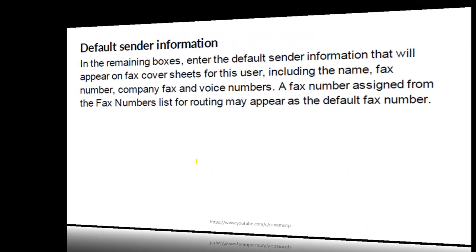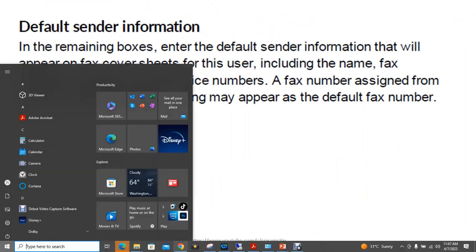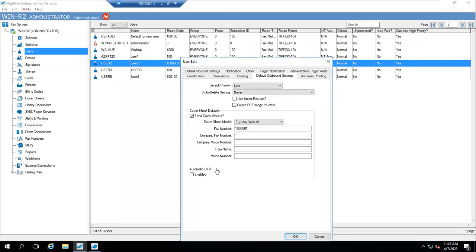And what is this default sender information? Let's see whether this one is available or not. Default sender cover sheet, okay, these are the default sender information only, okay guys.